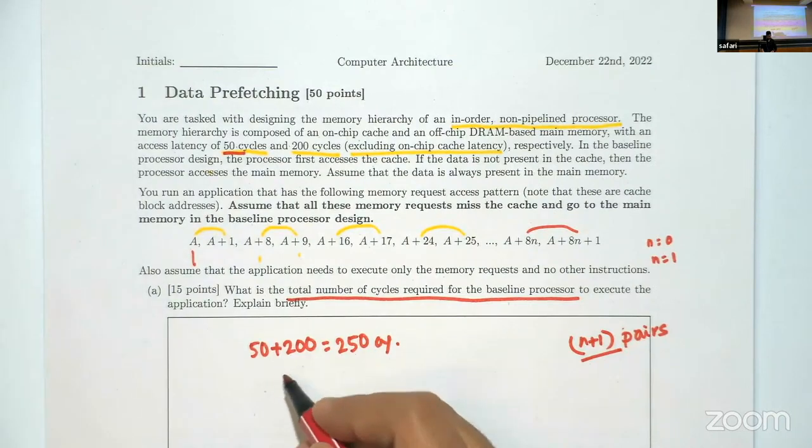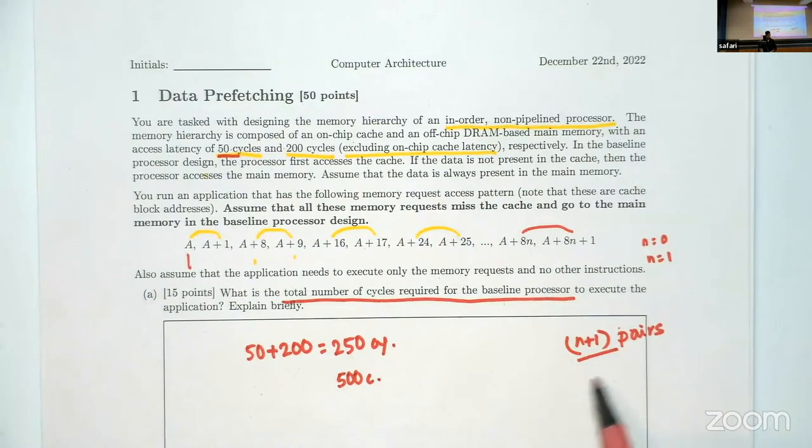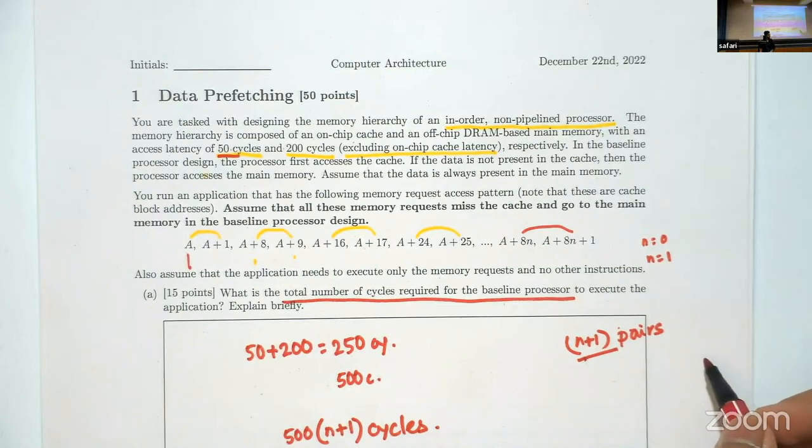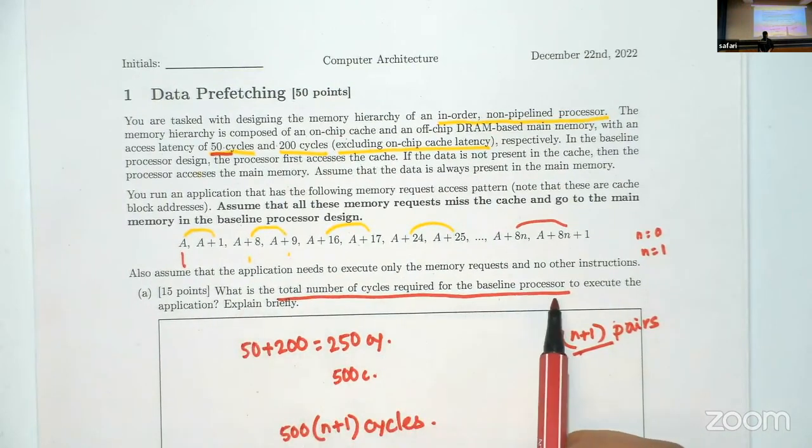One pair of accesses therefore takes 500 cycles. With n plus 1 pairs, in total it takes 500 times (n plus 1) cycles. Does it make sense? I hope it does. So that's the answer to the first question: the total number of cycles required by the baseline processor is 500 times (n plus 1) cycles.